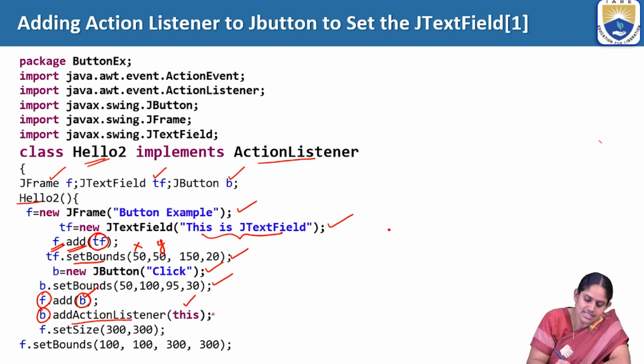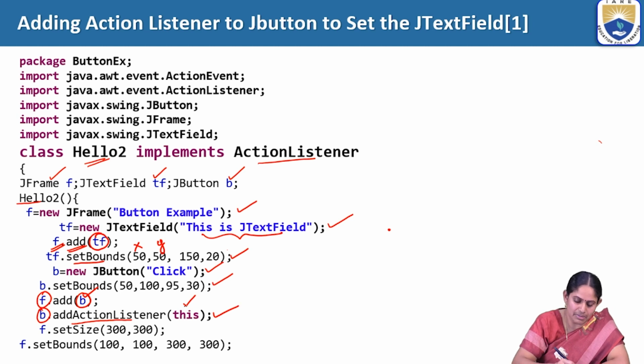In this line, we are registering our button, which is the event source, with the event listener called the action listener. Since the action listener is registered for that button, when that action event occurs, it will trigger the actionPerformed method. Now we are setting the size of the frame to 300 by 300, and the bounds are also set.